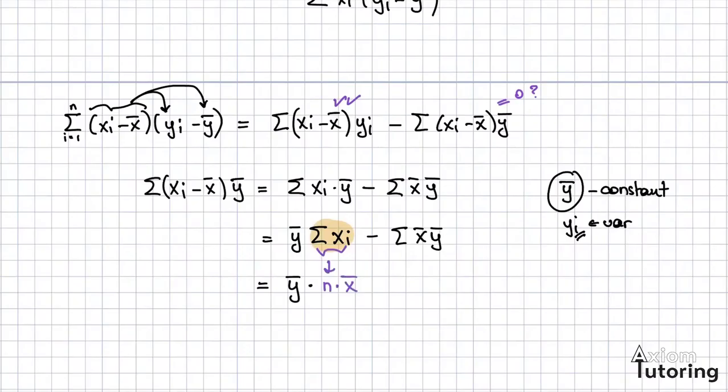Okay? Now, for the last element, according to the same logic where we said that y bar is a constant, well, x bar is also going to be a constant in this case, while the xi would be a variable. So if I have x bar that is a constant, and also y bar in here that is a constant, I have the product of two constants.